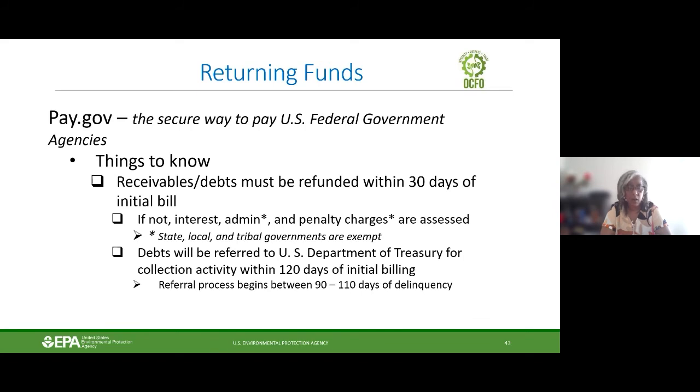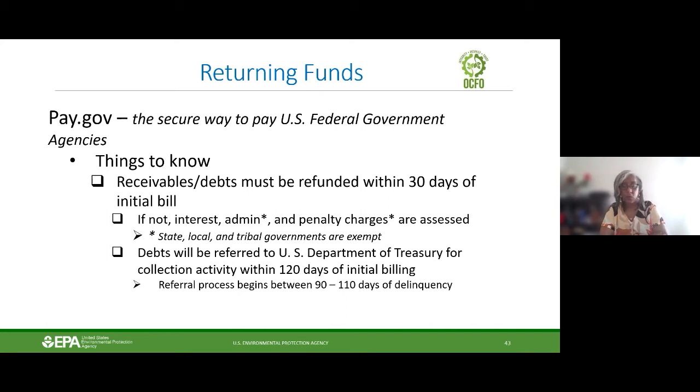And so I'm going to talk a little bit about other things that you need to know if you are returning funds to the agency, or if you actually have a debt to the agency. So the receivables or any debts must be refunded within 30 days of the initial bill. Any funds that are not returned within 30 days will begin to accrue interest, admin fees, penalty charges.